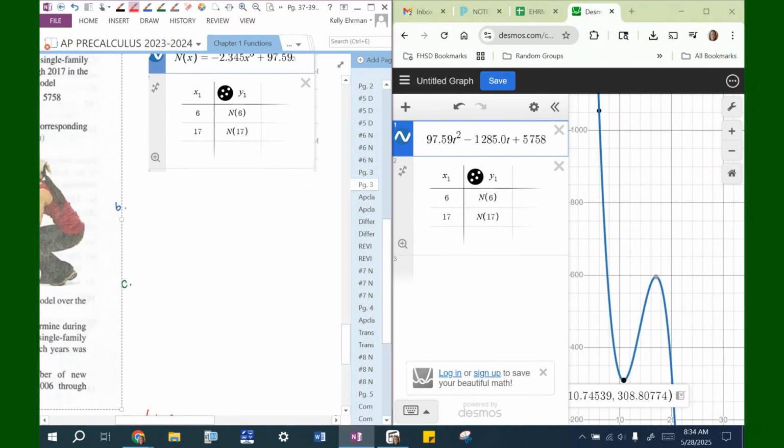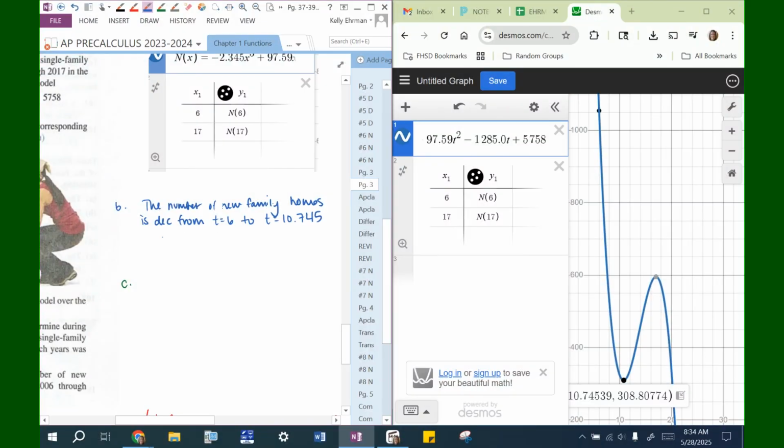So for part B, I would say the number of new family homes, I'm kind of abbreviating that, is decreasing from t equals 6 to t equals 10.745.